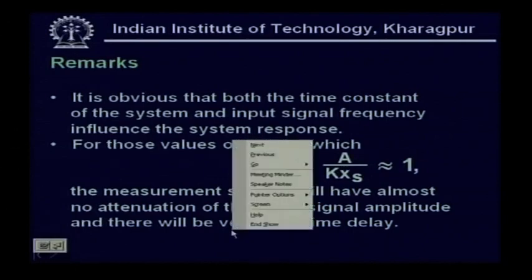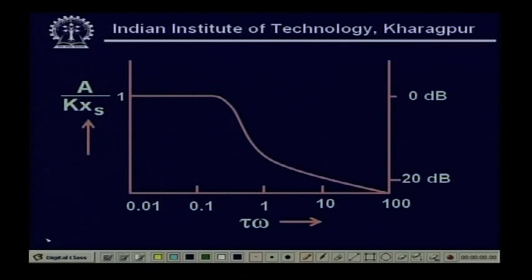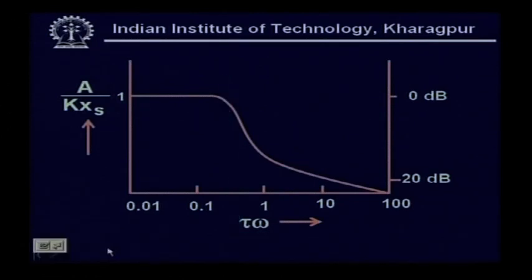If I go back, you see our response, for the frequency when I am getting the response here as 1, that is a desirable property. I cannot make the measurement in this region, I want to make the measurement in this region only, right. So, this will be my frequency response of the operation. So, omega tau has a lot of influence.